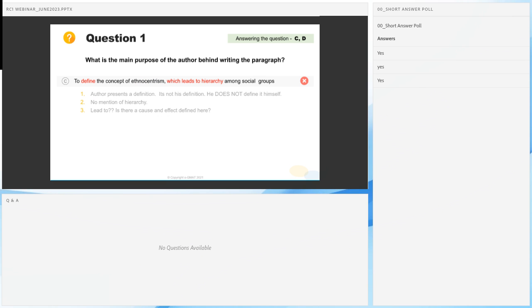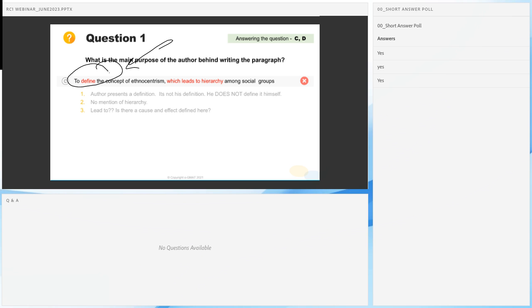Let's look at choice C, to define the concept of EC, which leads to hierarchy among social groups. When you think about to define the concept, it really means the author's definition. The definition that the author's sharing with us is not his definition. It is one definition. It's an extreme definition. So you can't really call it the concept of EC. And then the other thing is, and this is where reading like an engineer hurts you, you took "led to hierarchy among social groups" as the fact that in-group and out-group differentiation kind of implied hierarchy.